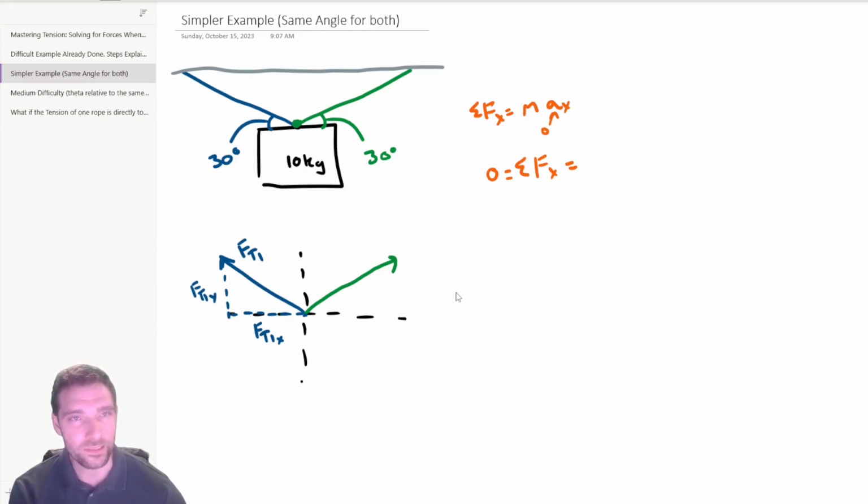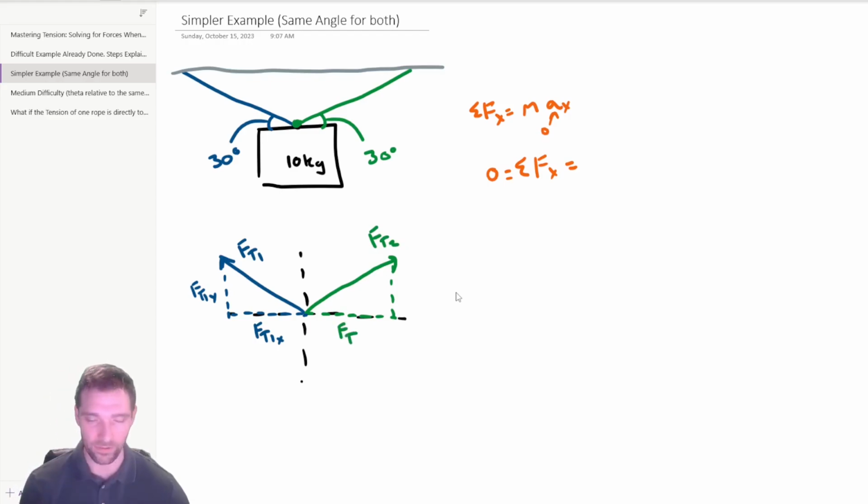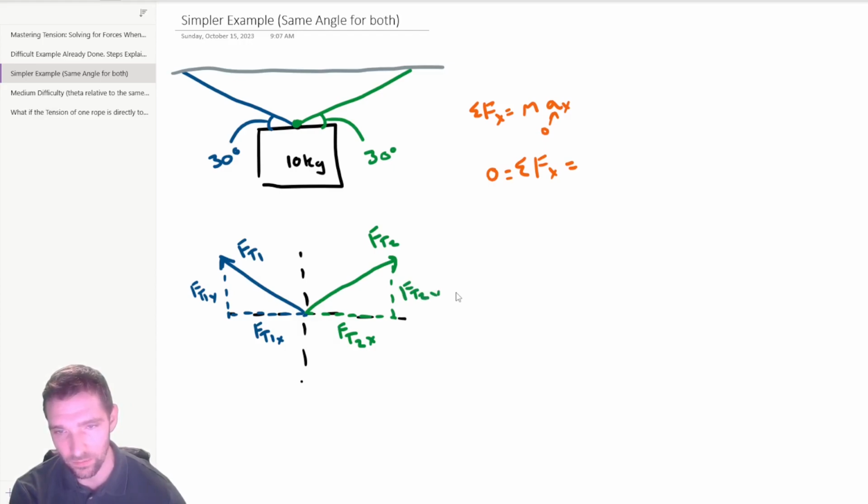And we can also do the same sort of thing here with the other green line, and it should essentially be the same numbers for all of these different positions between the two, but it's good to think about this so that you can then think about the harder problems when they're slightly different between the two. So we've got this FT2 in the x-axis and FT2 in the y-axis.